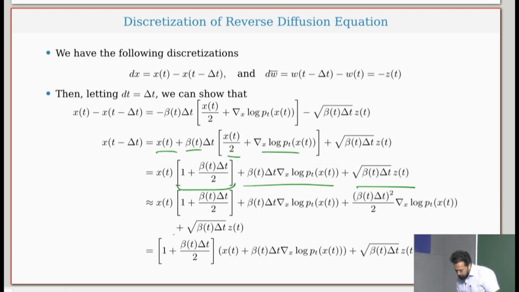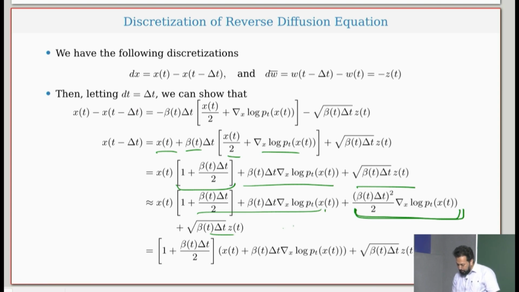And then we have an approximation, and this approximation is this. We artificially added one delta t square term, because we know that delta t square term will be insignificant, but it will help us in formulating this later on. So we added and subtracted delta t square here, but everything else remains the same.